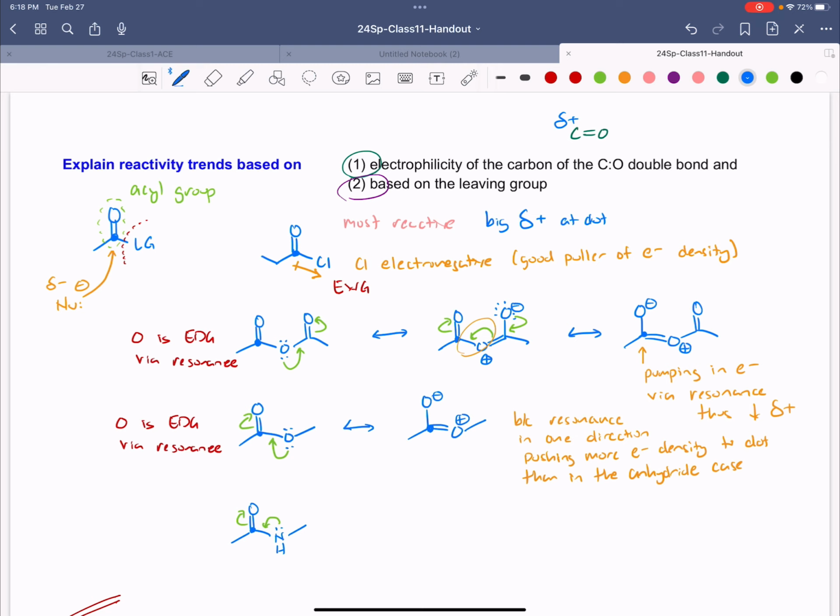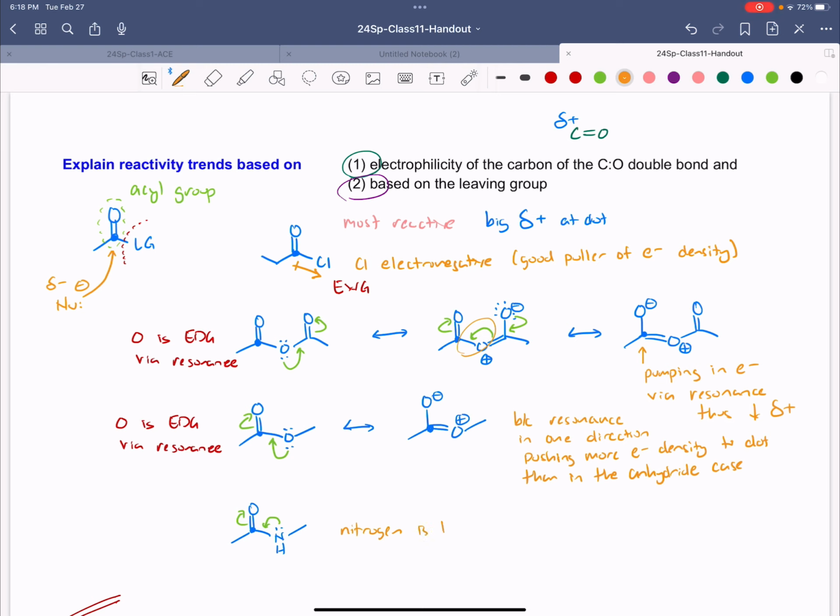How can I describe this? Give me 1 second. How about this? Nitrogen is less electronegative, so it's not holding on to those lone pairs as hard as an oxygen would. Yeah, let's say it that way.